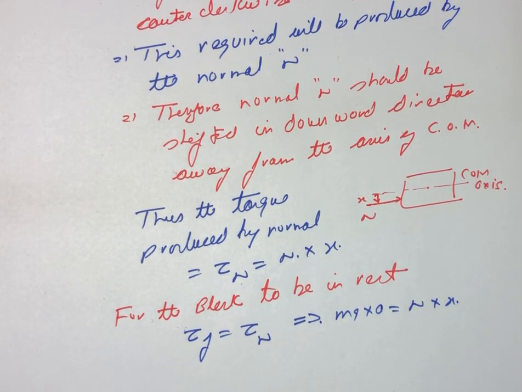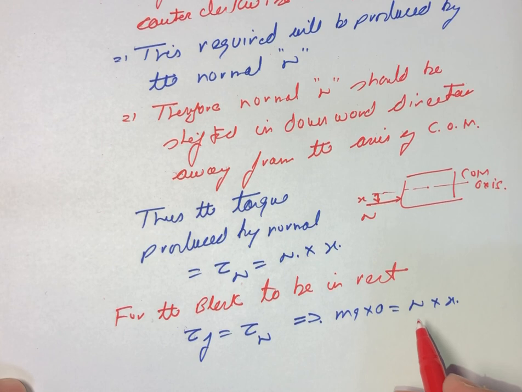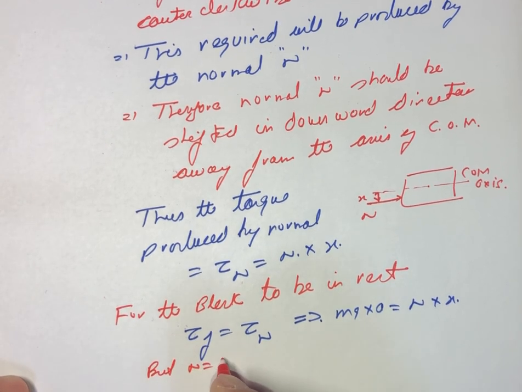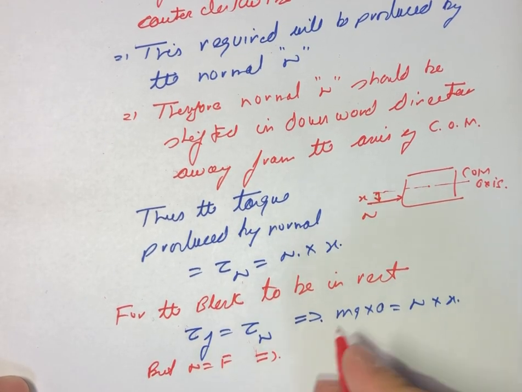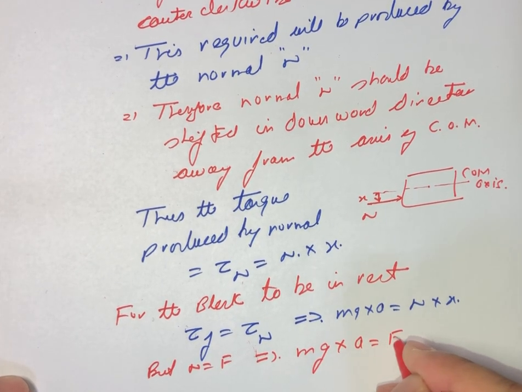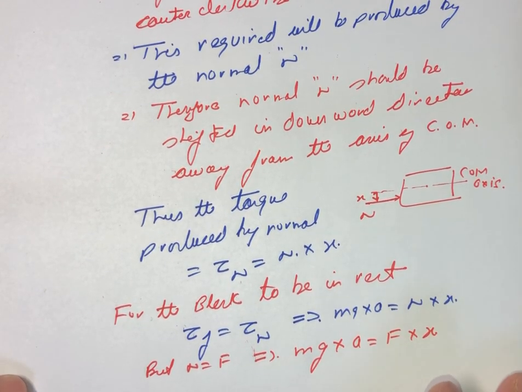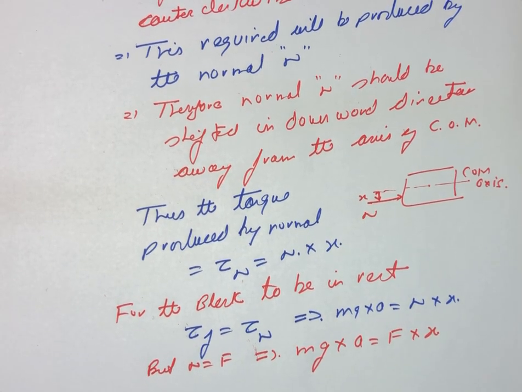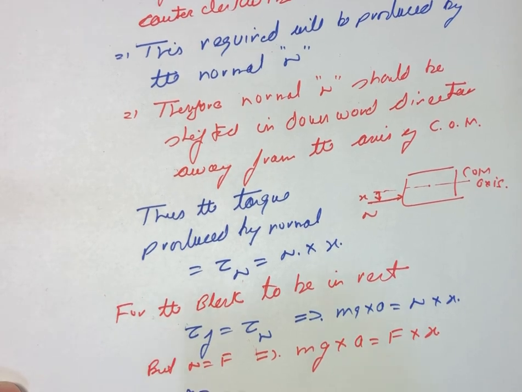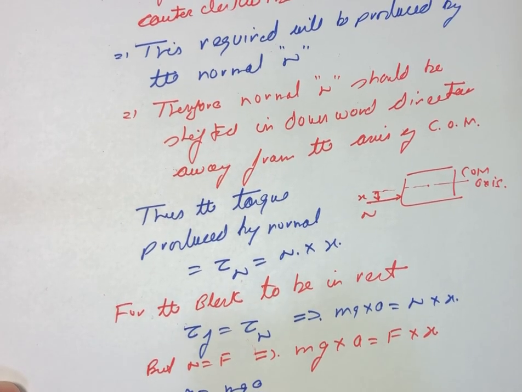Another thing, this normal is equal to the applied force F. Therefore mg multiplied by A will be equal to F multiplied by x, and we can say that our x is equal to mgA divided by F.